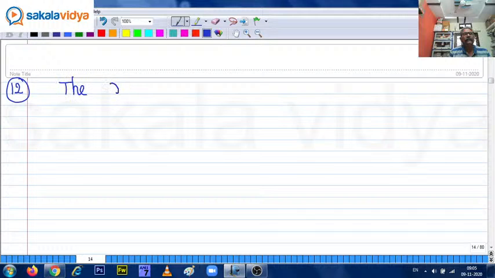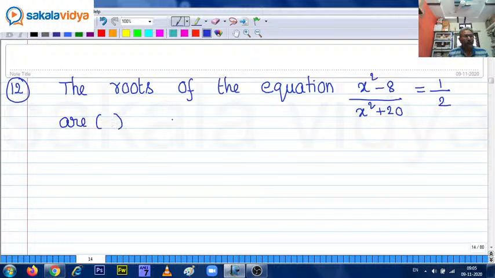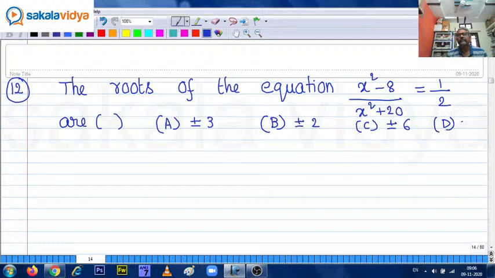The roots of the equation (x square minus 8) upon (x square plus 20) equals to 1 upon 2 are: a) plus or minus 3, b) plus or minus 2, c) plus or minus 6, d) plus or minus 4.